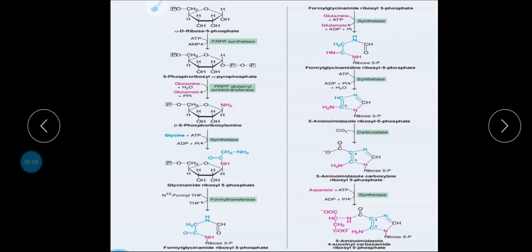After conversion of this, the aspartate group enters, that is aspartate which is the amino acid which enters and gets attached to this carboxylate group. This carboxy group and aspartate get attached here to produce 5-aminoimidazole 4-succinyl carboxamide. This is the 4-succinyl carboxamide group.